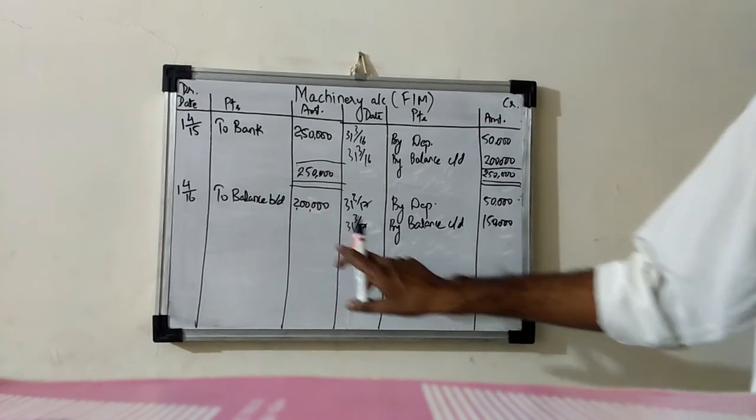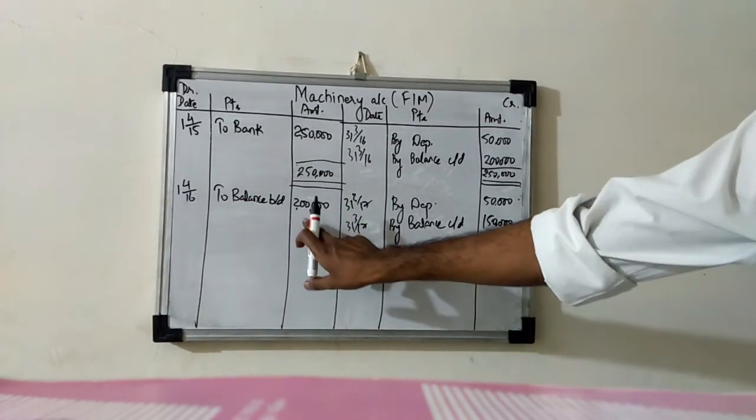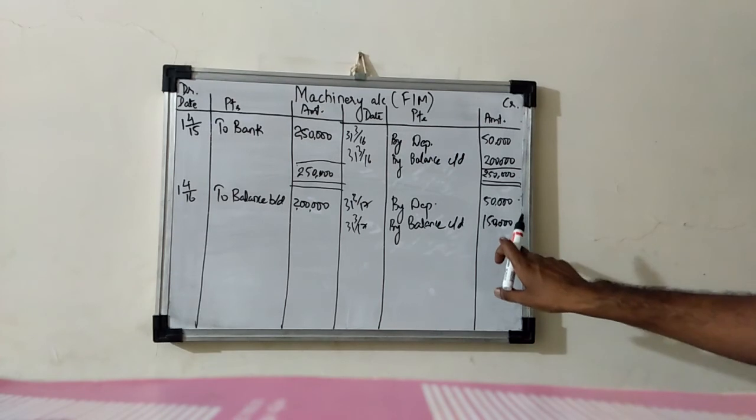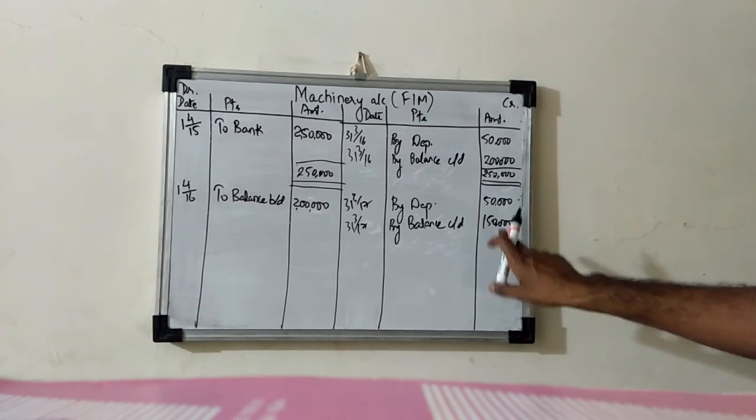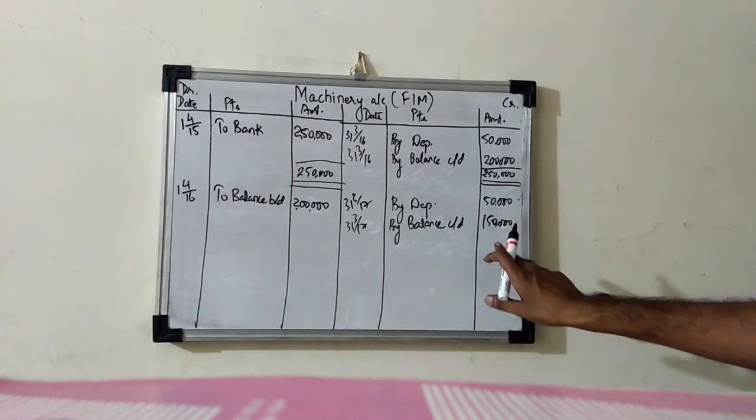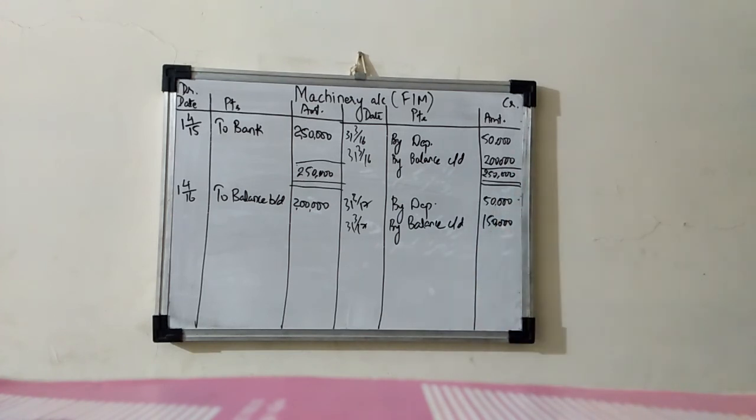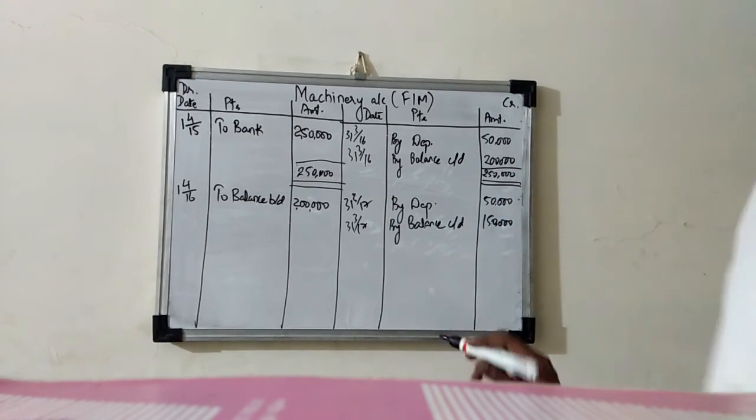Then balancing the second year, 2 lakh minus 50,000, the book value of machinery at the end of second year is 1,50,000. Close down the account of second year.